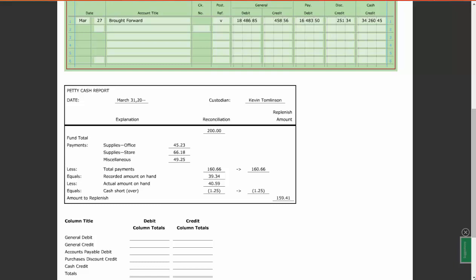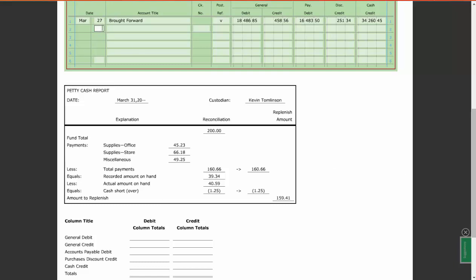Miscellaneous expense, 49.25. But I also need to account for that $1.25, and that's where I'm going to use that account title cash short and over. Is it going to go as a debit or as a credit? We have more money, so it's going to be a credit because it increases the value of the business. So you can't always associate cash short and over with always being a debit or always being a credit.